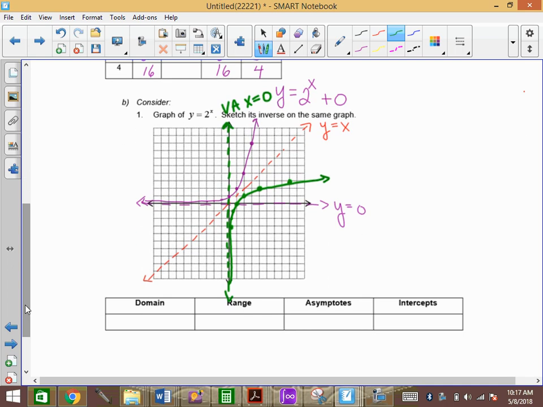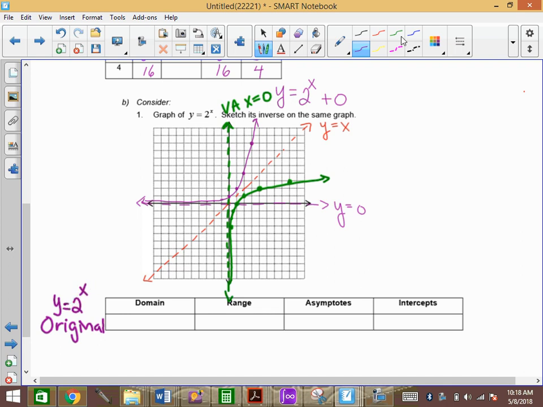So if we do the domain of the inverse, so this is going to be of the inverse. Sorry, we'll do, oh, I forgot. Still doing this. Great. So we'll do original. So y equals 2 to the x.